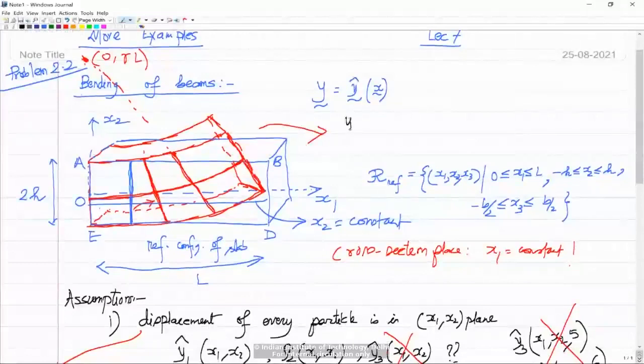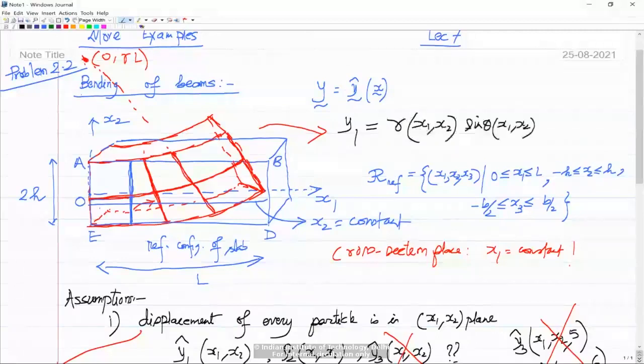So can we say that y1 is equal to, let us say, some radius which is a function of x1, x2, times sine theta of x1, x2, and y2 is then this point gamma l minus r of x1, x2 times cos theta of x1, x2. We are trying to use cylindrical coordinates because it's getting deformed into a circle, right? That kind of makes sense.